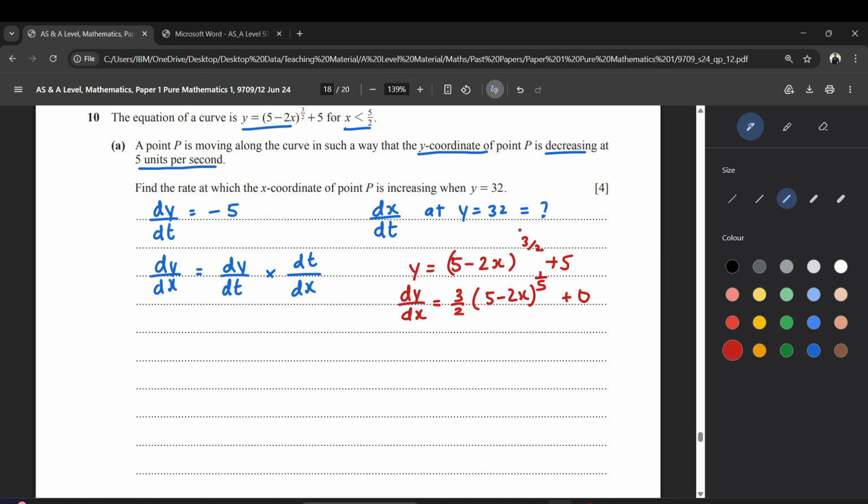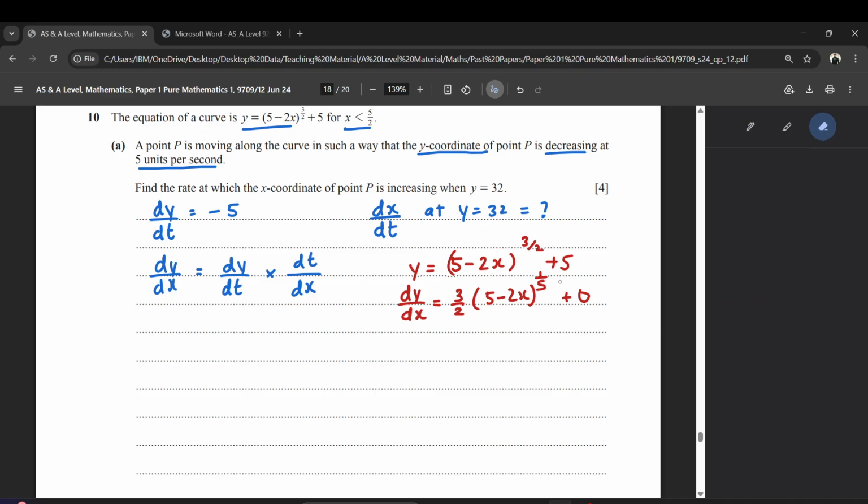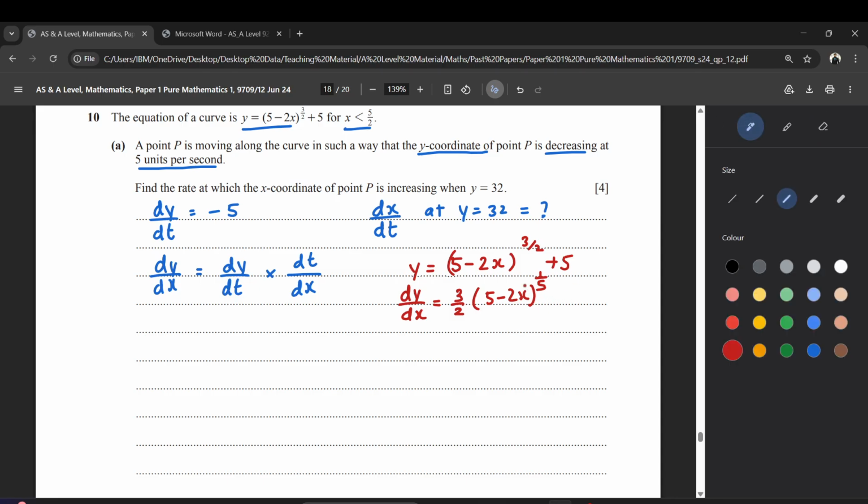The question has given you that y is equal to 32. If I want to find the value of x... sorry, my bad, I forgot something. We haven't applied the chain rule. Let me do this again.